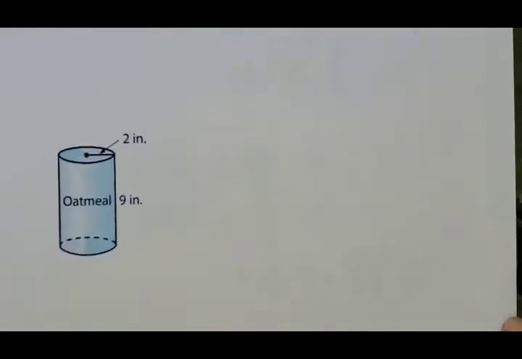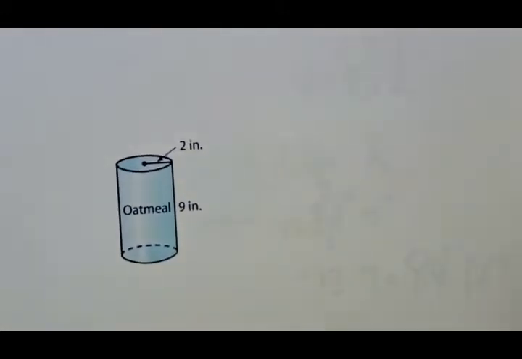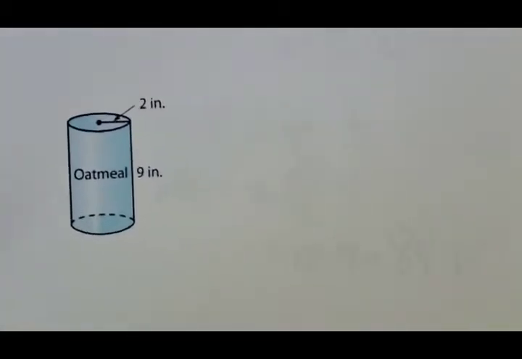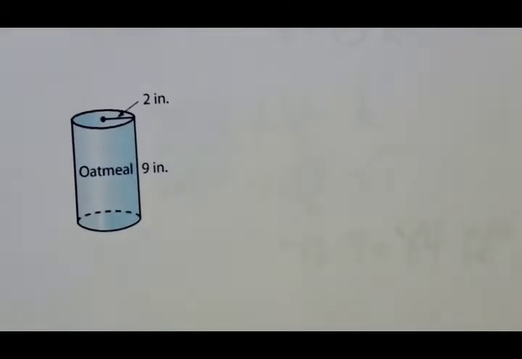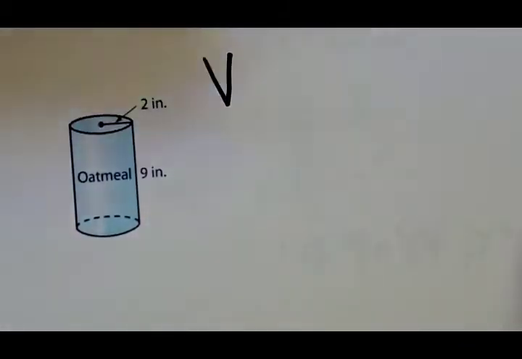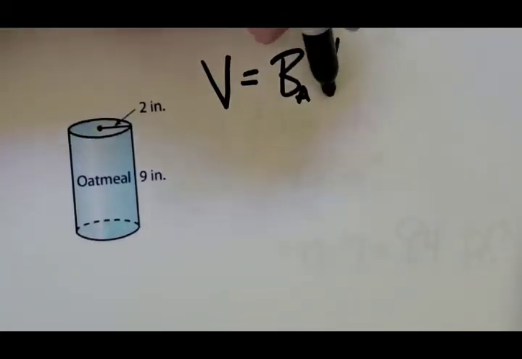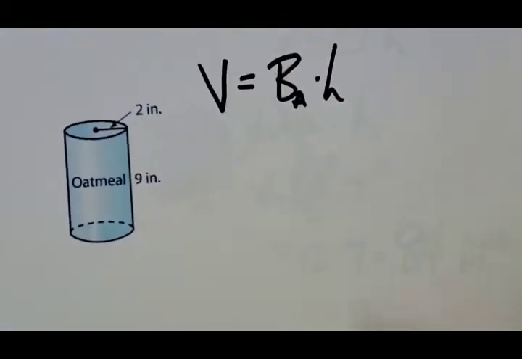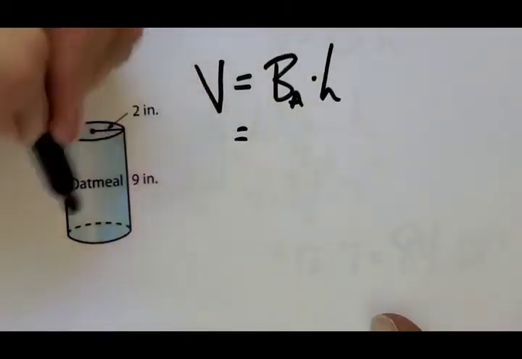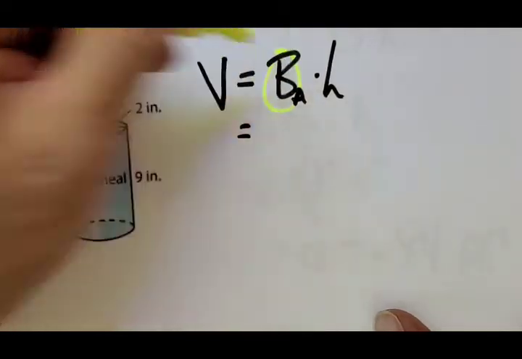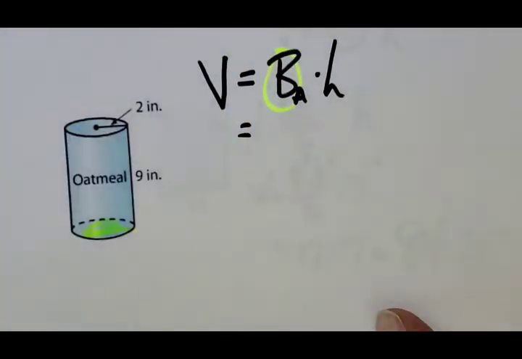Now let's take a look at finding the volume of a cylinder. We have a cylinder here, which is a prism. It's a circular prism. We're going to follow the same idea. The volume of this is equal to the base area times the height. In this case, the base area is the circle.